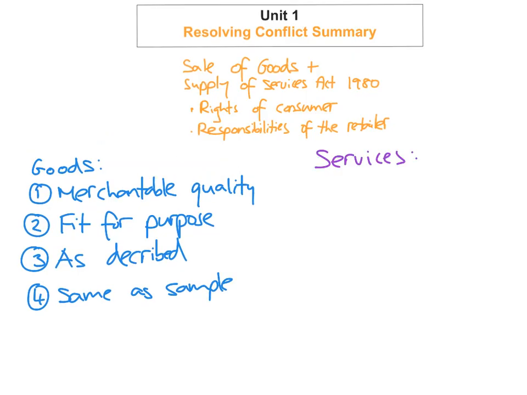Now we're going to look at what this Act means for the supply of services. Well, it means a few things. The first one is that the person giving the service must do the job properly, so complete the job properly. The second thing this Act states is that the materials must be of good quality.